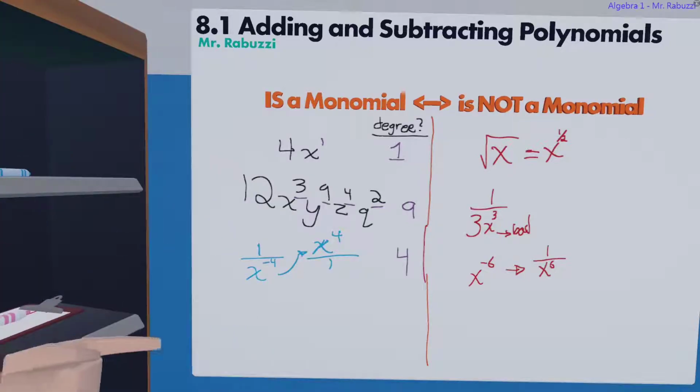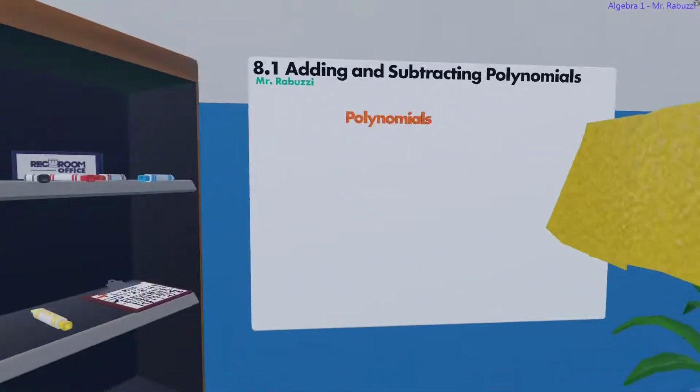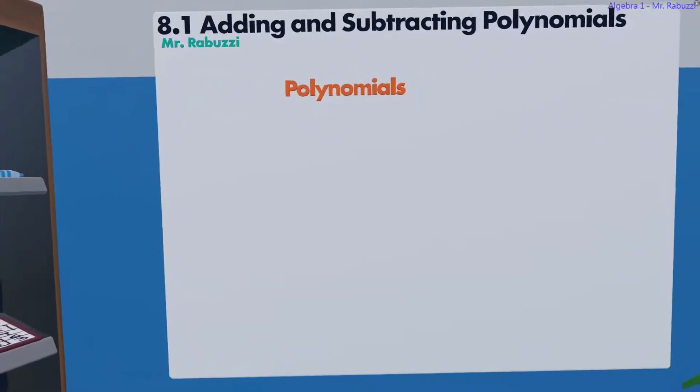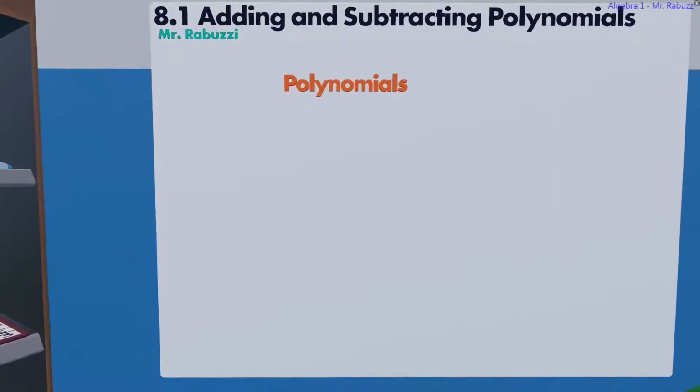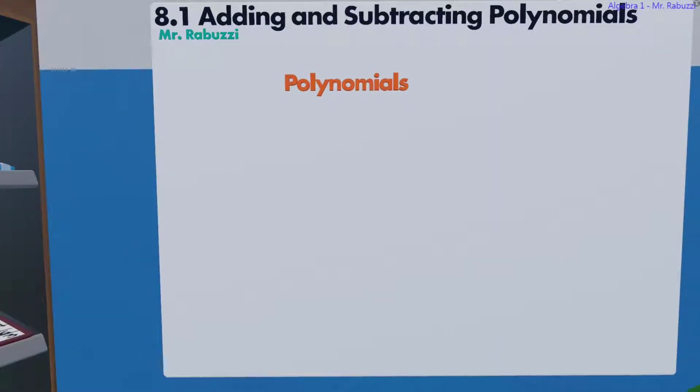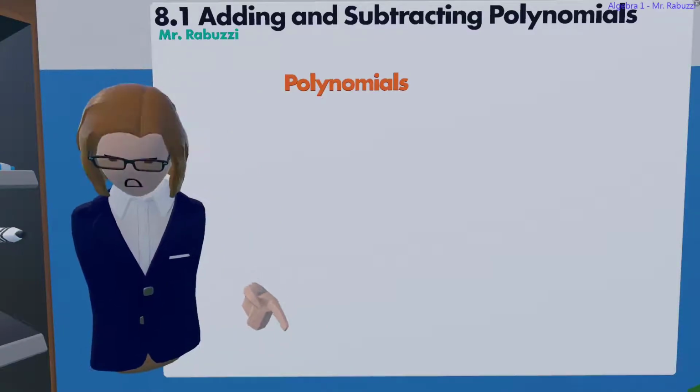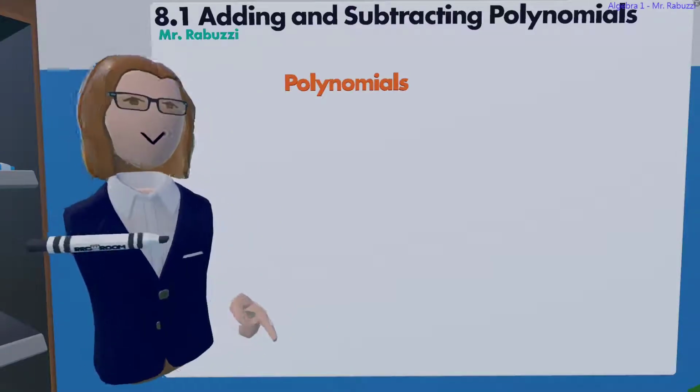Okay, let's move on to polynomials. So what is a polynomial? Well, a polynomial is just a bunch of monomials added together. Oh, dropped my calculator.